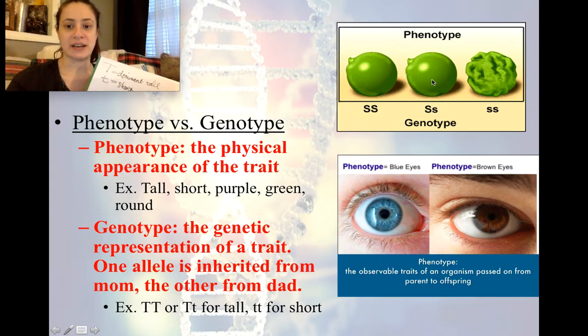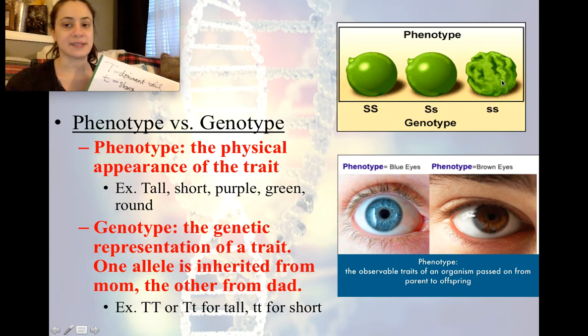This pea here has just one of the dominant alleles for smooth, and it still has the same phenotype. So both of these peas have the same phenotype despite the fact that they have different genotypes, because both of these peas still have the dominant S allele for smooth.